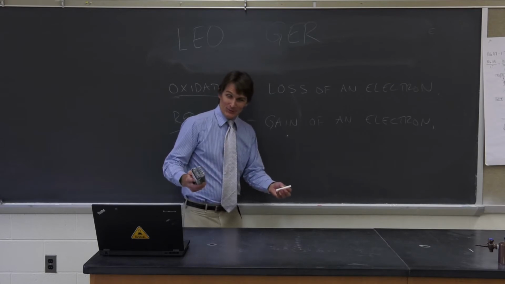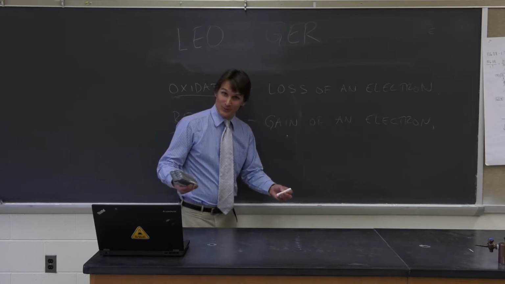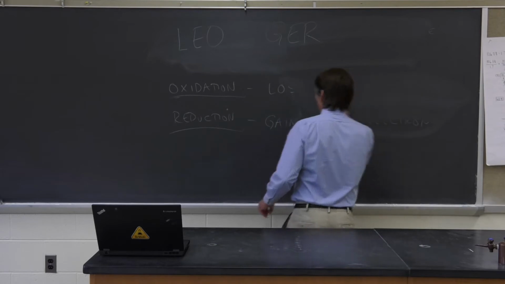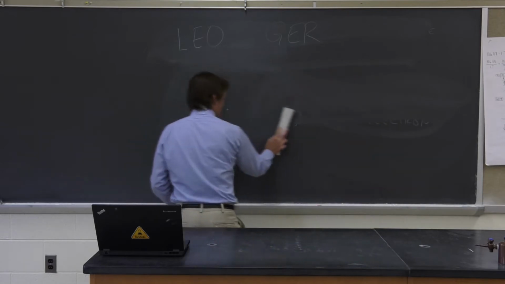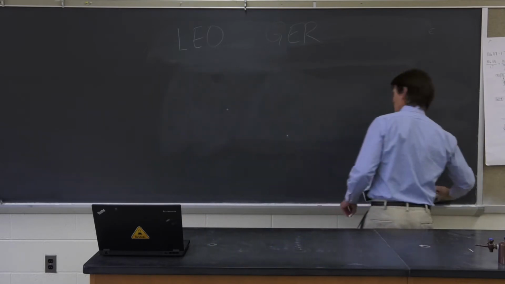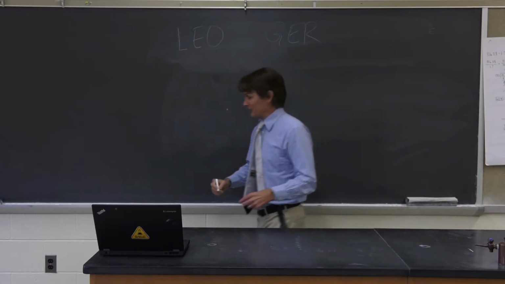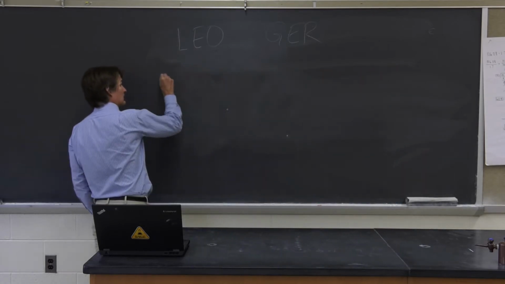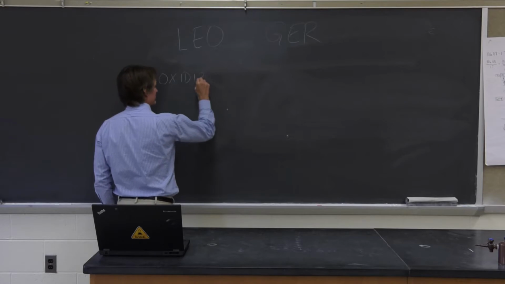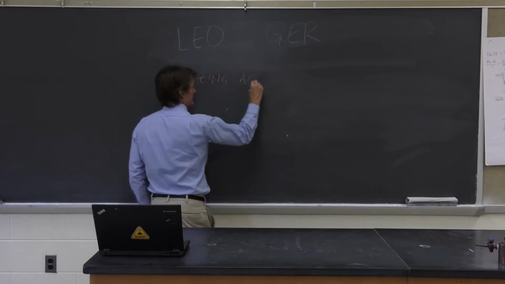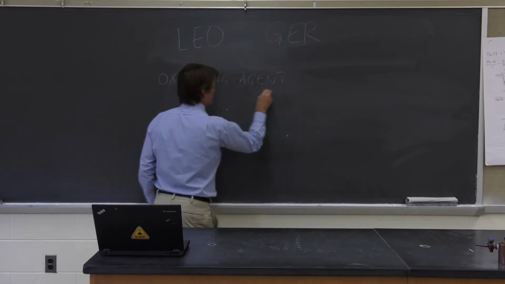If you're a little concerned about the vocabulary, don't worry, it's going to get a little worse. So there's some other terms that are used when we're dealing with oxidation and reduction. And those two terms are oxidizing agent and reducing agent.